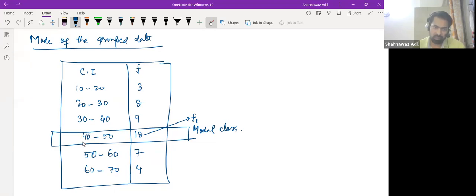And you have the lower limit of the modal class. This is L, right? And the frequency preceding this modal class would be called F0. And the frequency exceeding this modal class would be called F2, right? So you have all these things, and then you have this class size H.